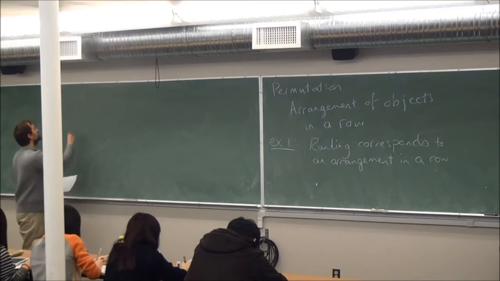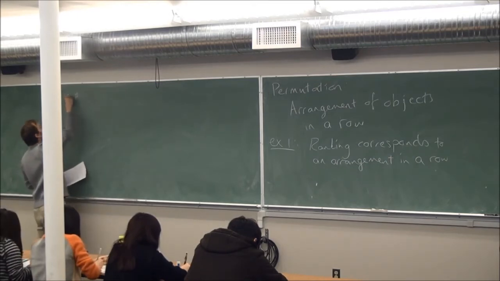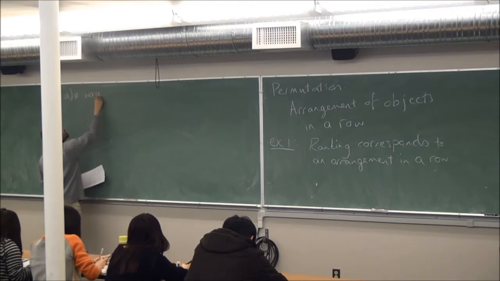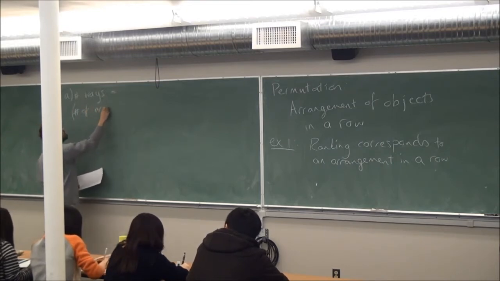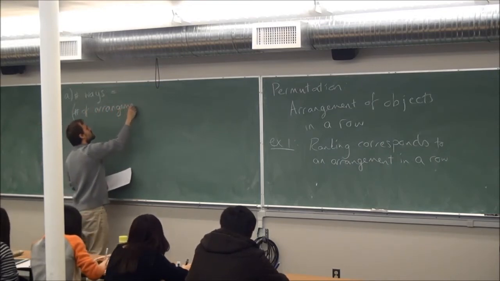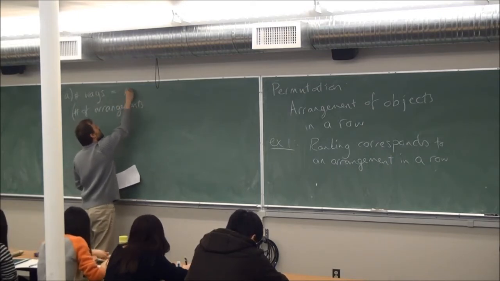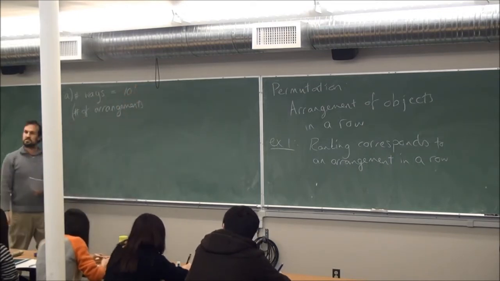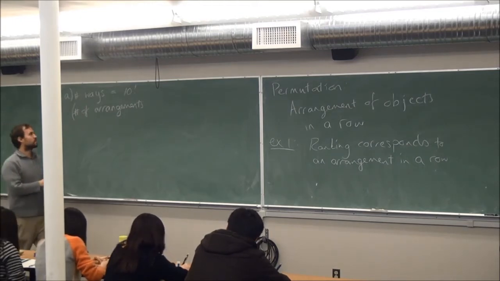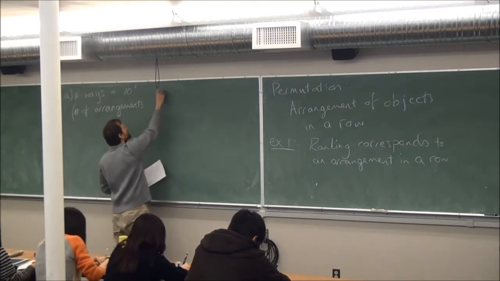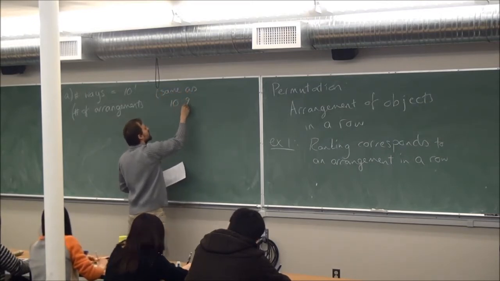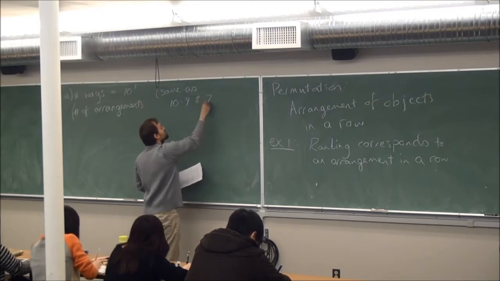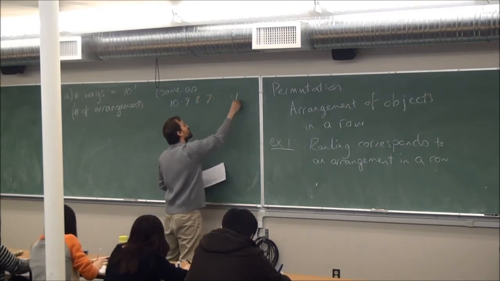That is exactly what this, or let's say here, number of arrangements, I guess, is also acceptable. Number of arrangements is 10 factorial. That's exactly what this factorial thing represents. Now, if you really want to hold on to it, you can write 10 times 9 times 8 times 7 all the way to 1.